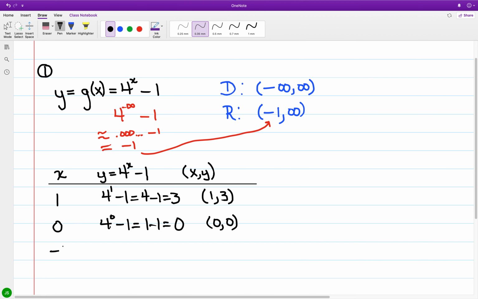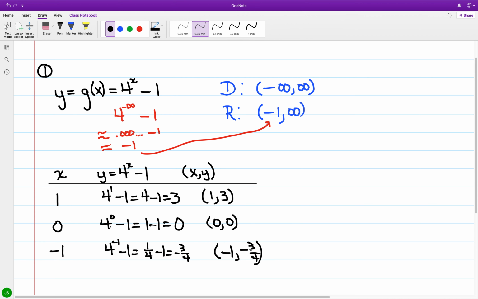I'll take one more point here. We have 4 to the negative 1 minus 1. 4 to the negative 1 is 1/4, minus 1, so that'll be minus 3/4. So another point we would have is negative 1 and negative 3/4.